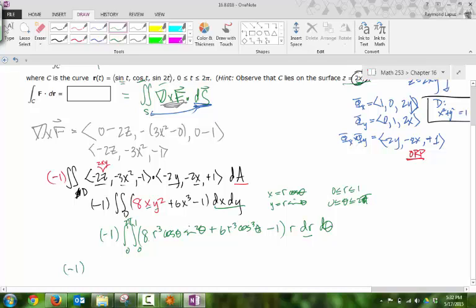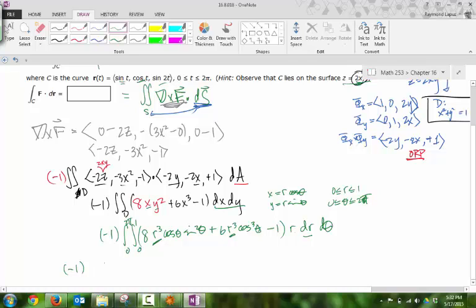Minus 1. I'm going to factor out an r cubed. Oh, I can't factor out an r cubed because I'm stuck there without that r cubed. And if we factor out a cosine, unfortunately this is an 8 and this is a 6, so we're not going to be able to combine a sine and cosine. Let's just go through the integral.